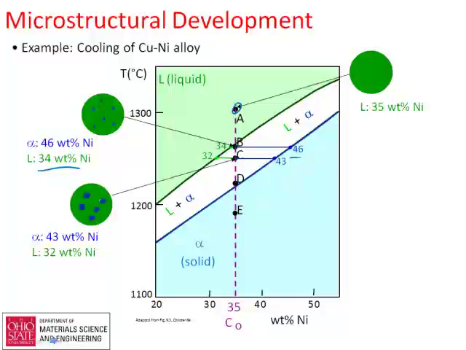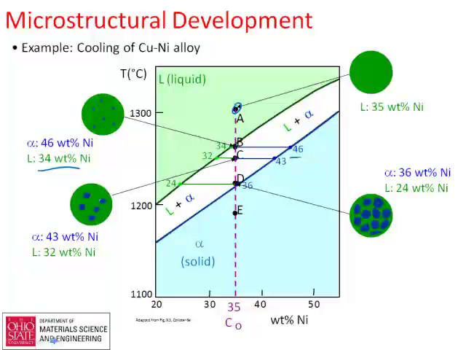Cool down, we end up seeing that the equilibrium compositions change. Also, the amount of solid increases as you decrease in temperature. And as we continue to cool down further, we are almost entirely solid at this point. There's actually more solid than indicated here. And again, the compositions are shifting.